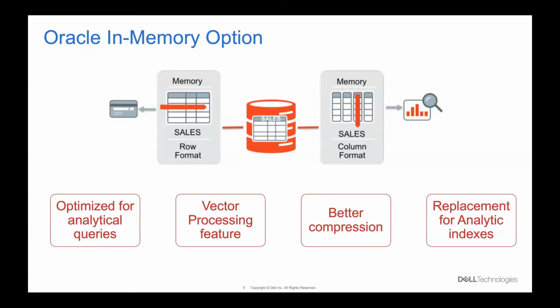And the second thing which helps to host two types of workloads on one system is the replacement for analytical indexes. That means that if you don't have the in-memory option, you have to create a certain amount of analytical indexes to make your BI or other analytical query processing faster.